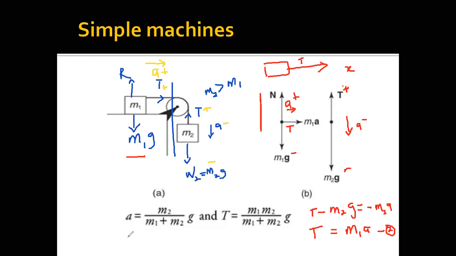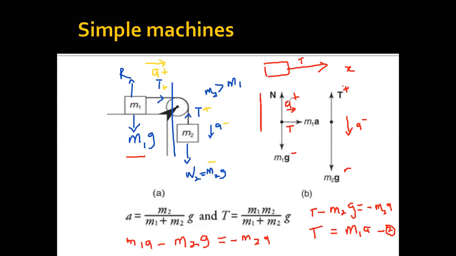That will give us M1A minus M2G is equal to negative M2A.